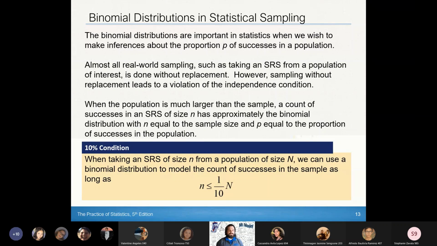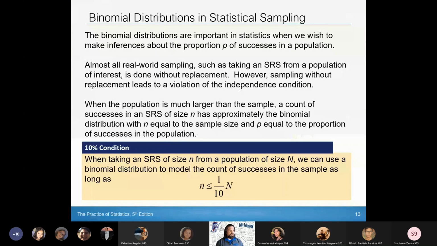When taking an SRS of size n from a population of size capital N, we can use a binomial distribution to model the count of successes in the sample as long as little n is less than or equal to 1/10 of big N, meaning that the sample size is less than or equal to 10% of the entire population we're sampling from. If that condition is true, then I can use a binomial distribution to approximate the probabilities.